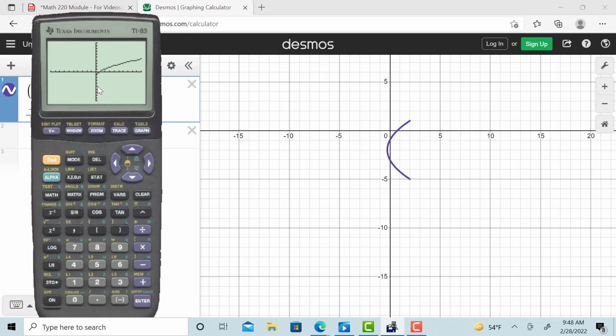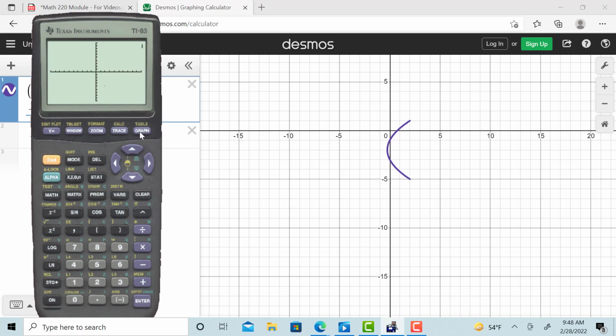And you'll see it doesn't give us that whole parabola. If I go to window, hit the window button, you'll notice that we can now change the values for which t will range through. So remember, ours go from -2 to 1.